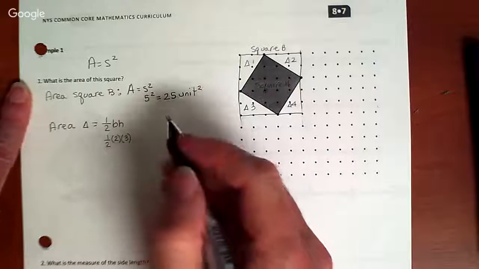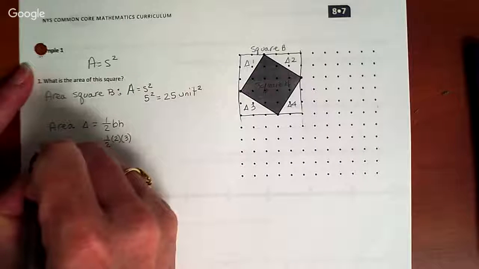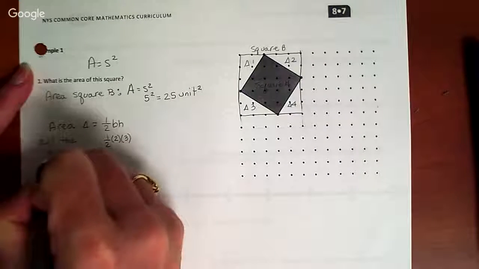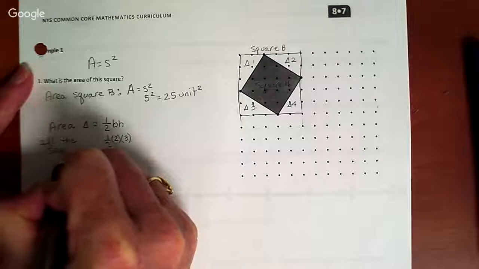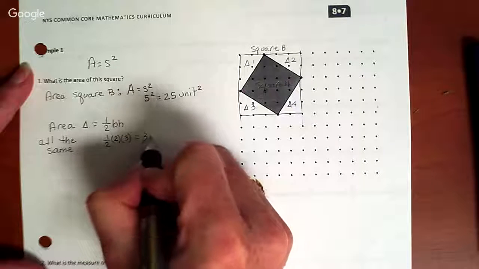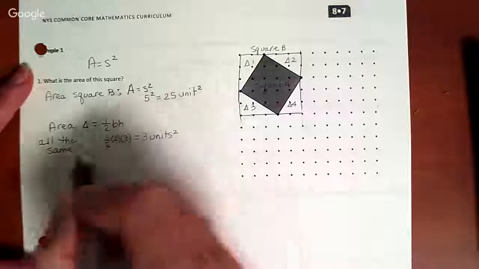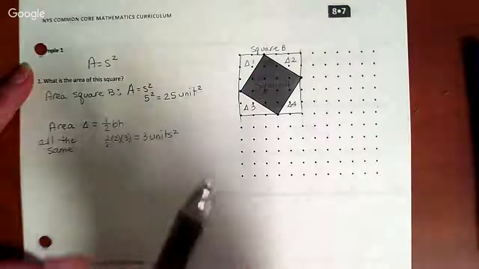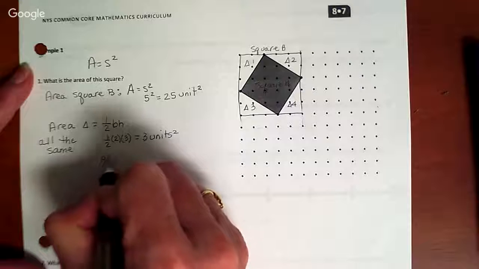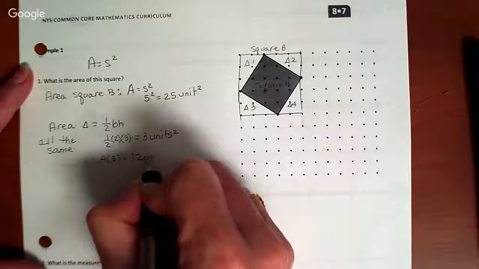So they are all the same. I'm going to put that here. So that makes this 3 units squared. And because they are all the same, we have 4 of them. So we can multiply 4 times 3 to get 12 units squared.